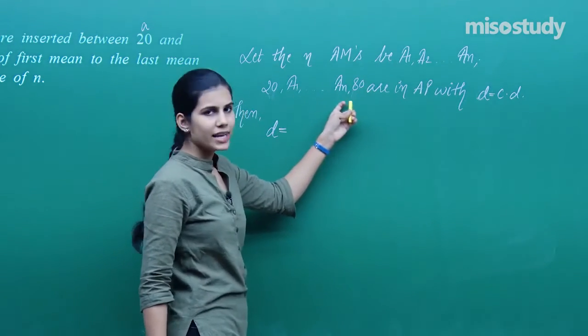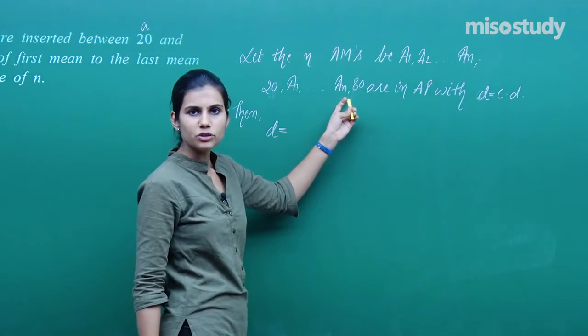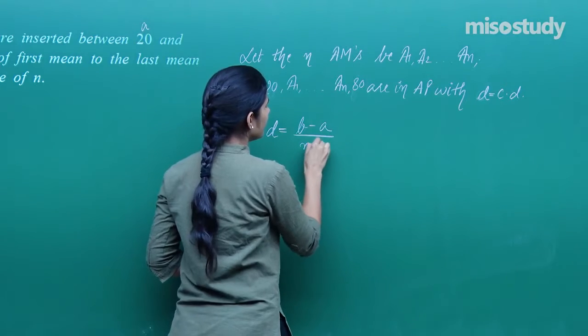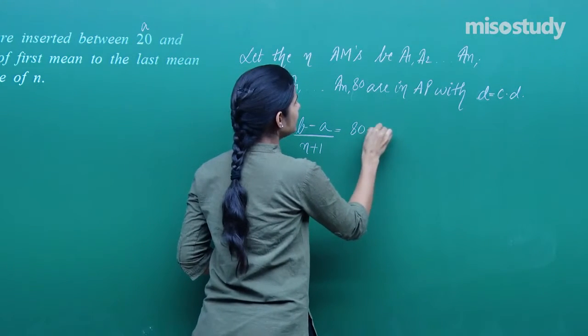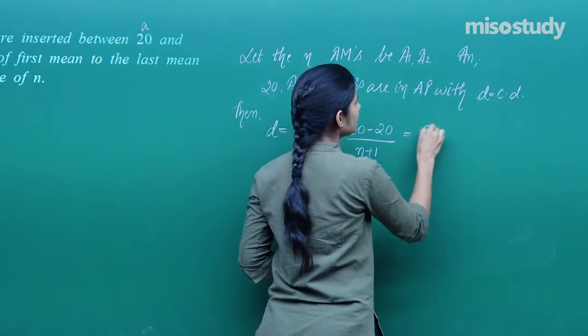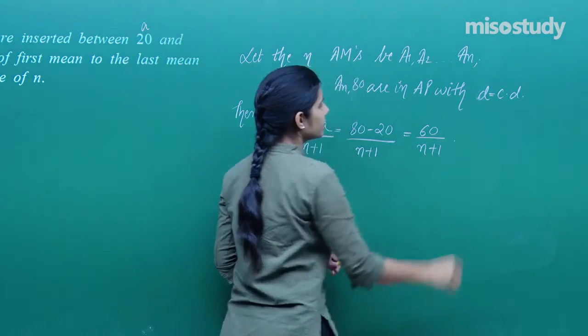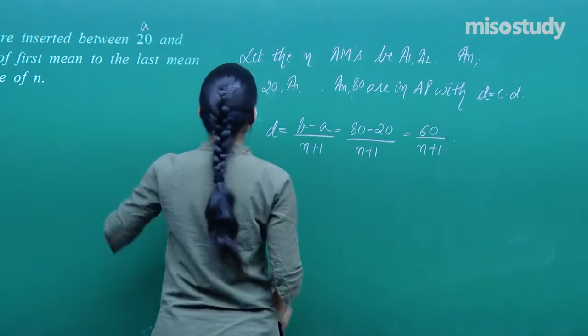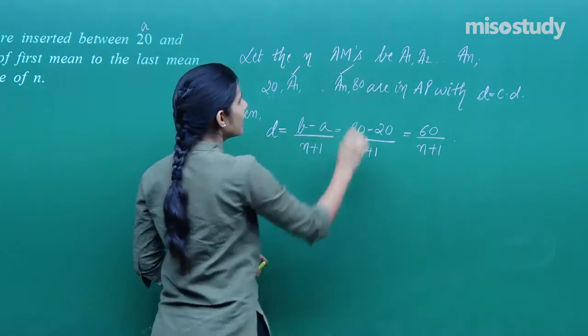I know the formula of D for this sequence to be an AP. If A1 to An are the n arithmetic means inserted between 20 and 80, it is B minus A upon n plus 1. So it is 80 minus 20 upon n plus 1, that is 60 upon n plus 1. I am given the ratio of first mean to the last mean.